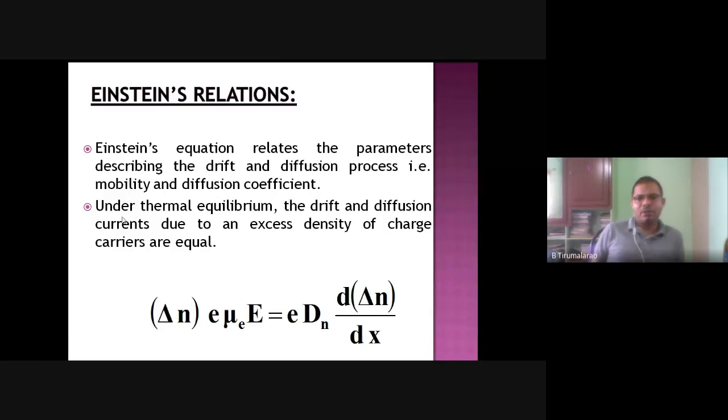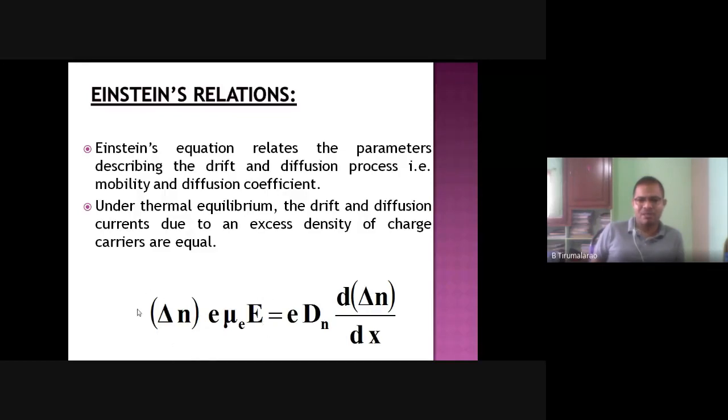Under thermal equilibrium, the drift and diffusion currents due to an excess density of charge carriers are equal. So see here, in this equation, the left term is the drift current due to electrons.